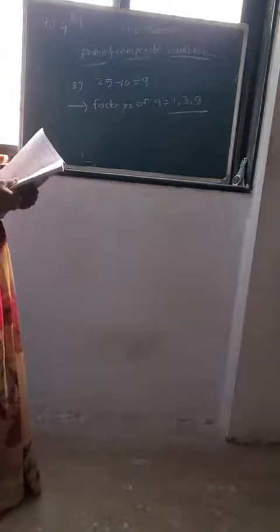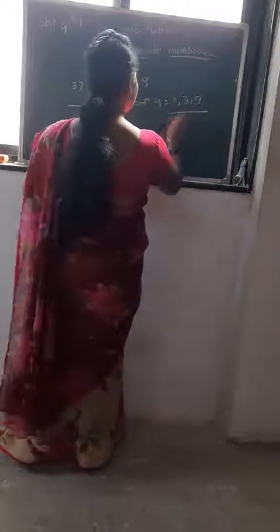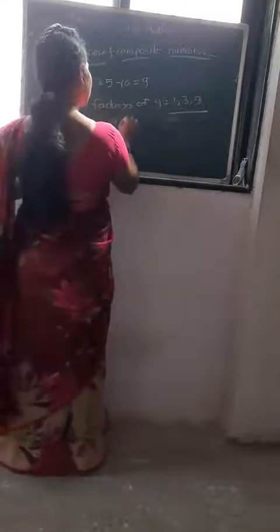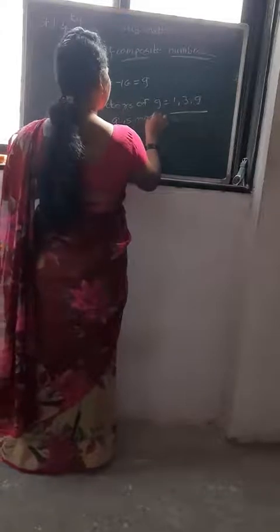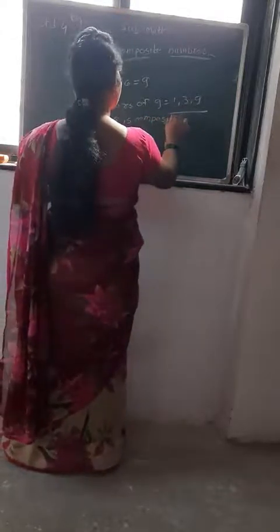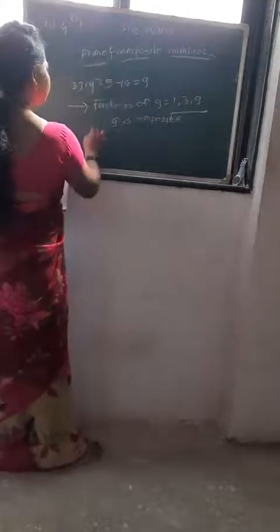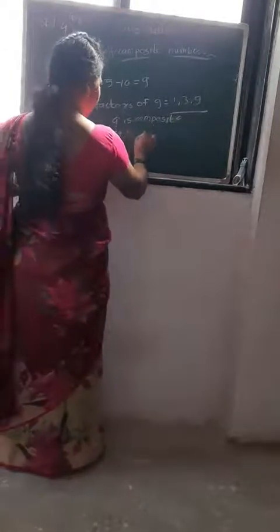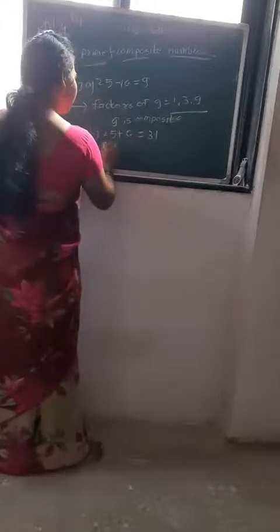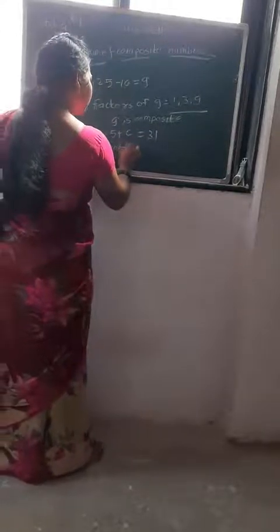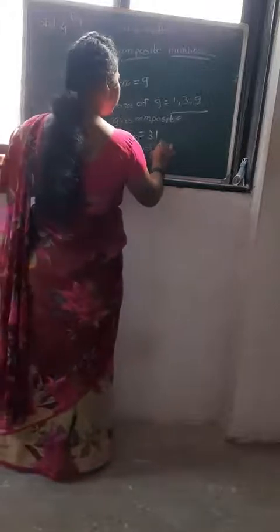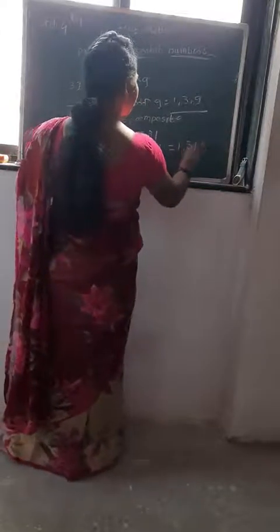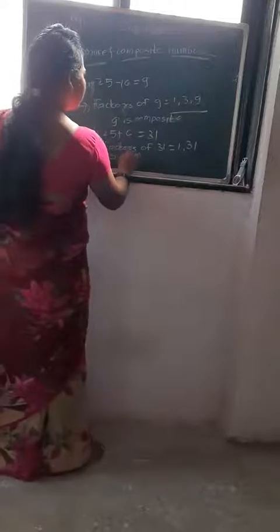The number has more than 2 factors, so it is a composite number. 9 is composite. Second one is 25 plus 6 is equal to 31. Then factors of 31 are 1 and 31. Then 31 is a prime number.